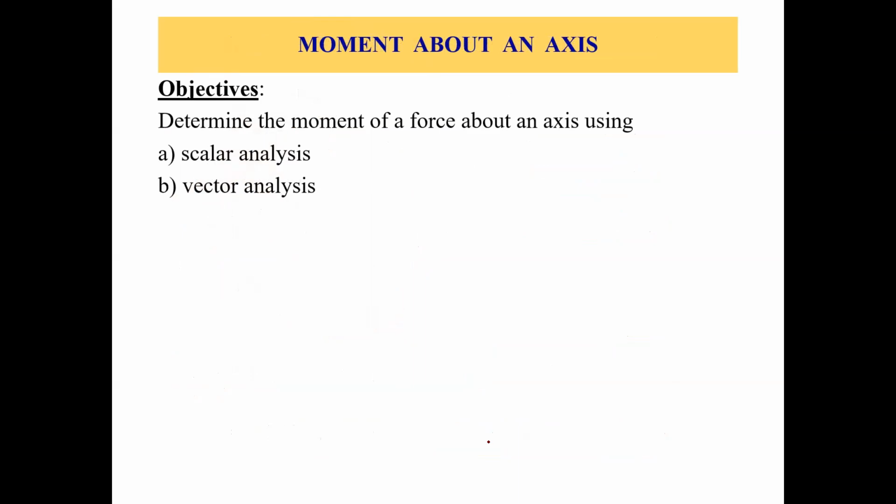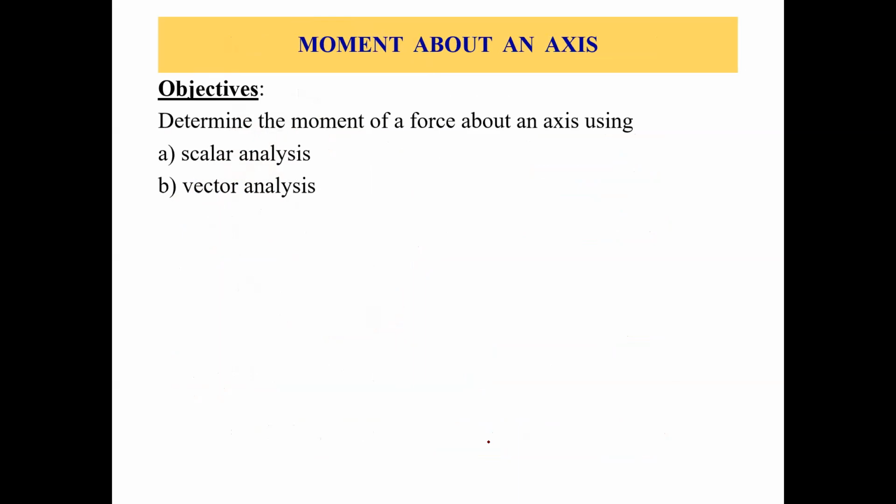Now, I think this is the last topic for today: moment about an axis. We talked about moment in general, moment scalar formulation, cross product, and moment analysis in vector form.